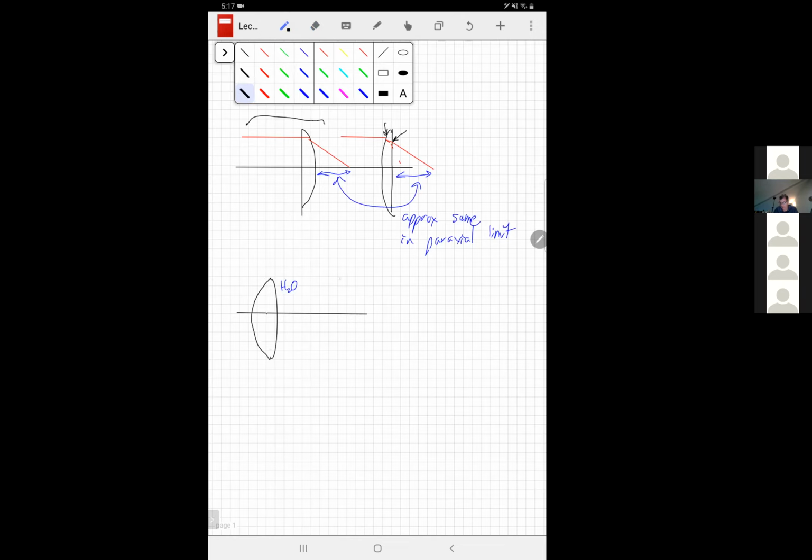If I were to compare this case with this, if I were to compare these two cases, in each case, H2O is on the right. Even in the paraxial limit, we get different results for this combination and this combination, all right?